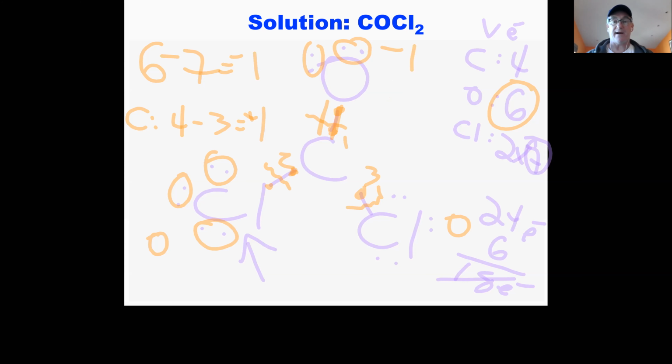I have one less lone pair on the oxygen, and that's now a double bond. So what's going to be the formal charge on the oxygen and the carbon?